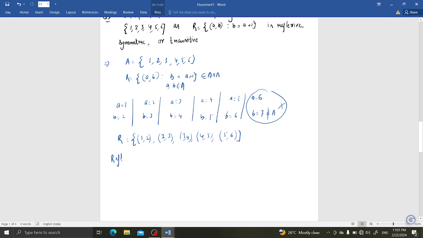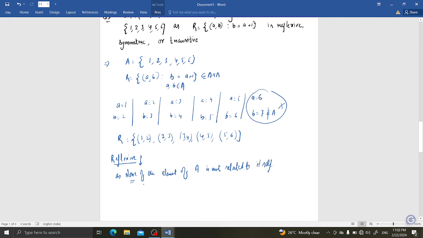Clearly we observe that it is not reflexive. Why is it not reflexive? We can give the reason that none of the elements of set A is related to itself.